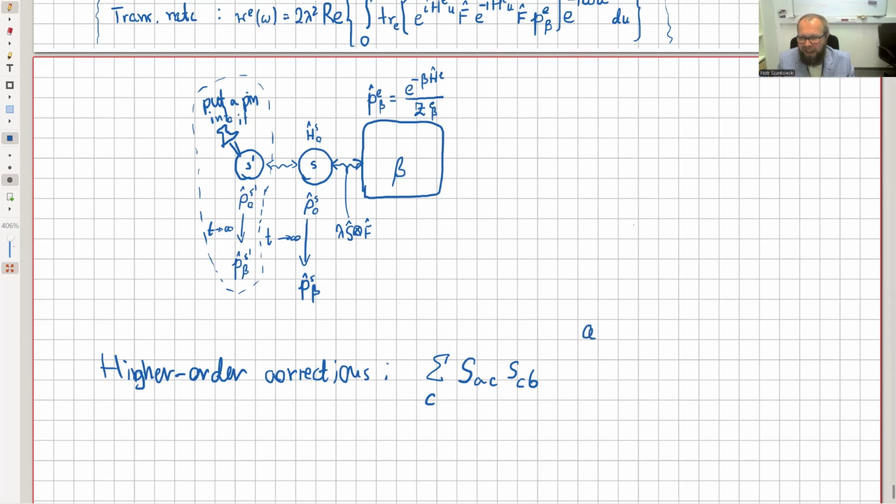So if A to B is not possible because S_AB is zero, then the higher order correction would allow for indirect pathways. This is not allowed, but maybe this is allowed: you go to C and from C to B, right? So this is knocked out, but this is not, and only higher orders of the perturbation theory would enable this kind of pathway.